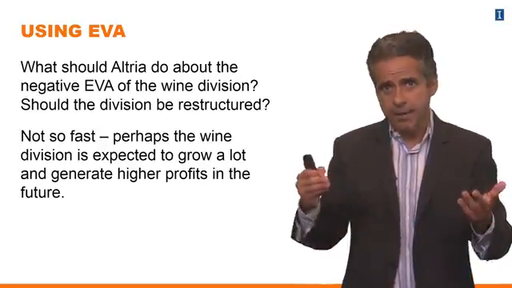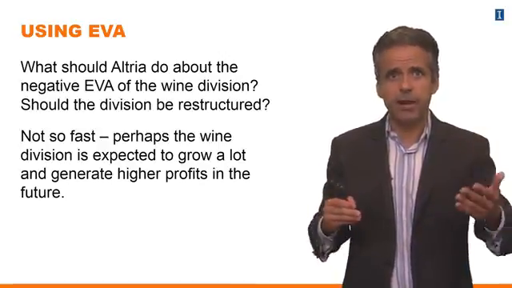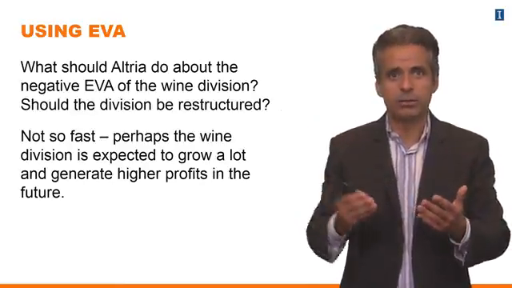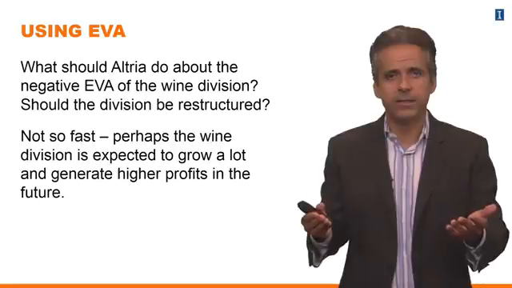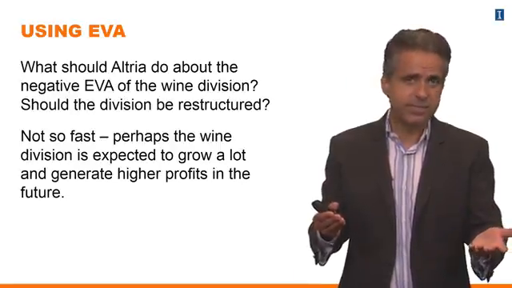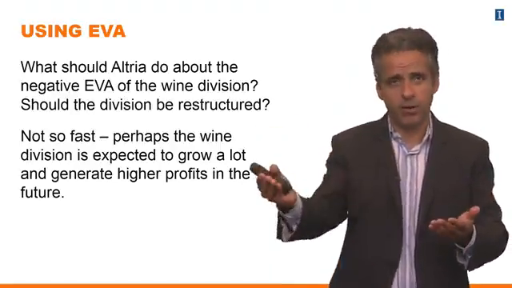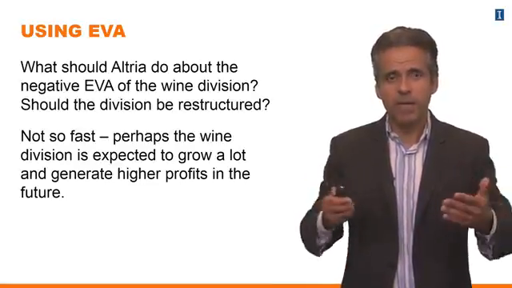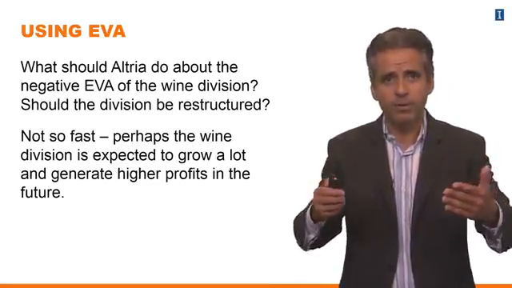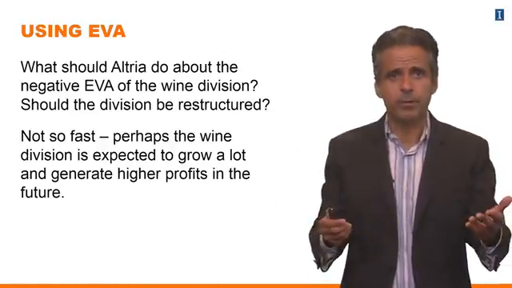Okay? So what might be happening is that perhaps the wine division is expected to grow a lot, and to generate higher profits in the future, right? So having negative EVA today doesn't mean you have to sell off the wine division, right? What it does mean is that you have to make sure the performance of the wine division is going to pick up, okay?